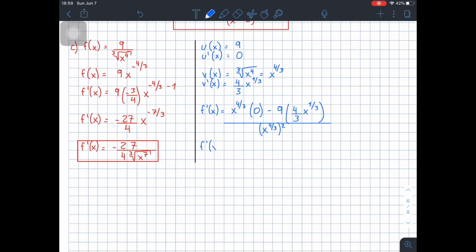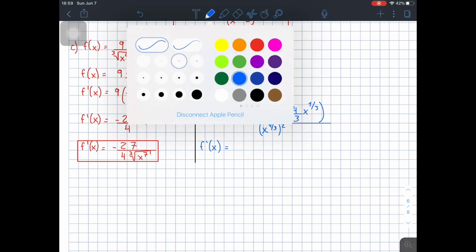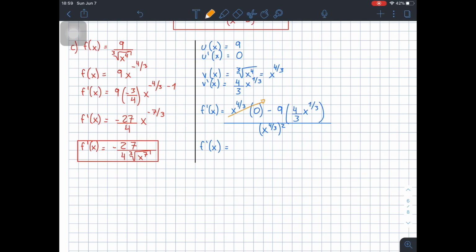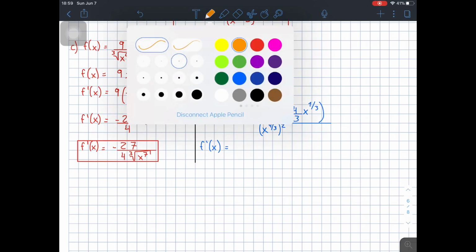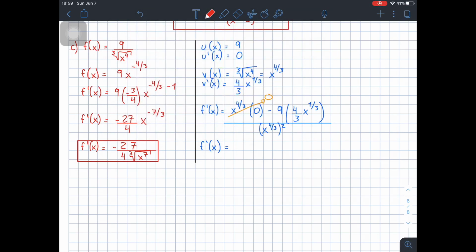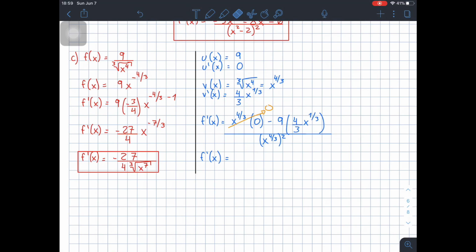So f prime of x, if we organize this, would be equal to, all of this term is 0, right? Because we're multiplying by 0. So this is 0. So we're going to get negative 9 times 4/3, that's negative, there's something wrong here, I think. Yes, I forgot to change this order here.